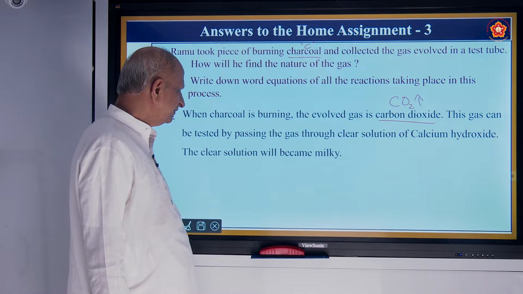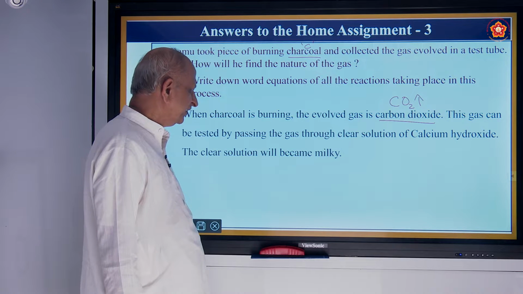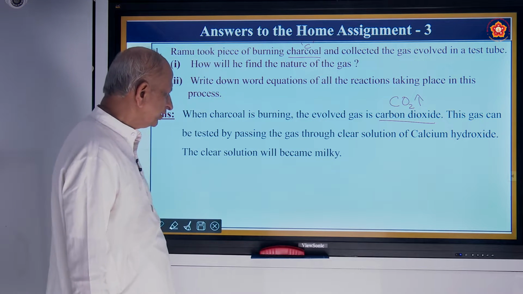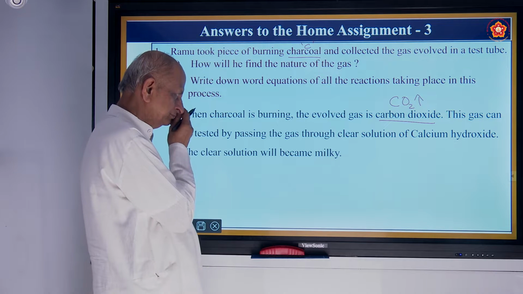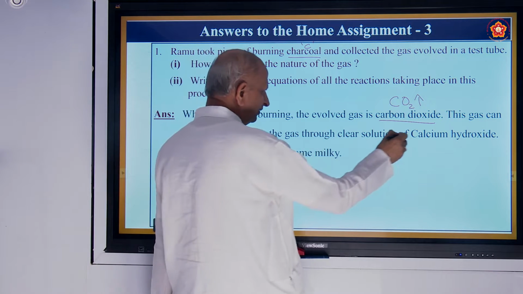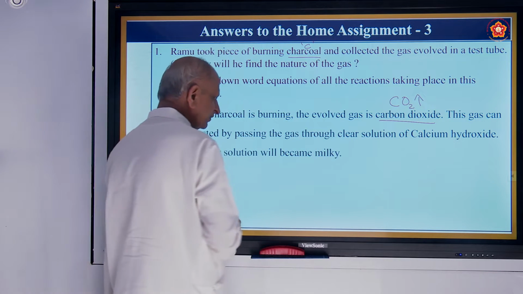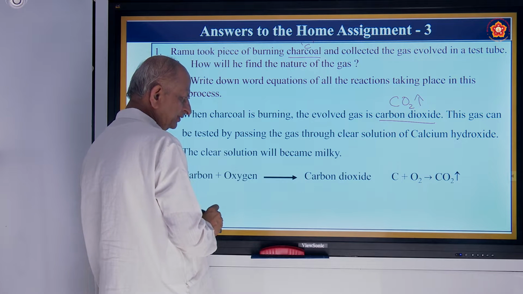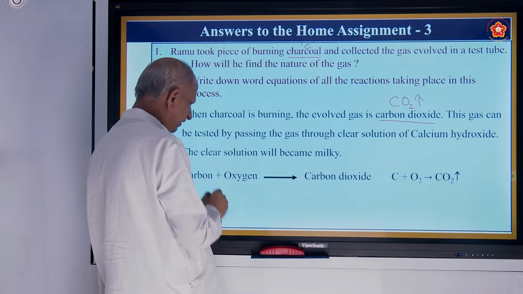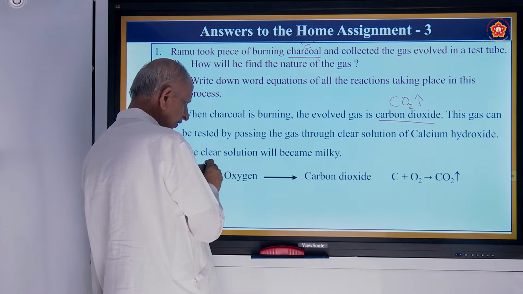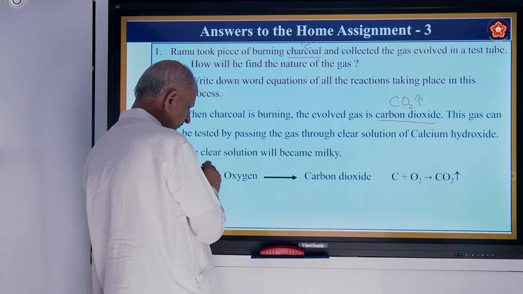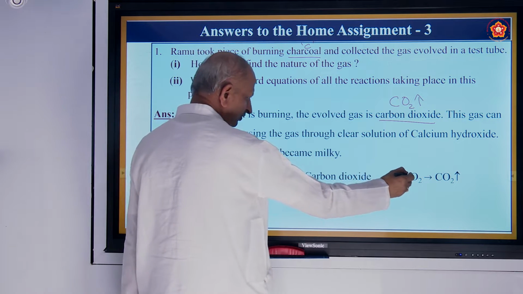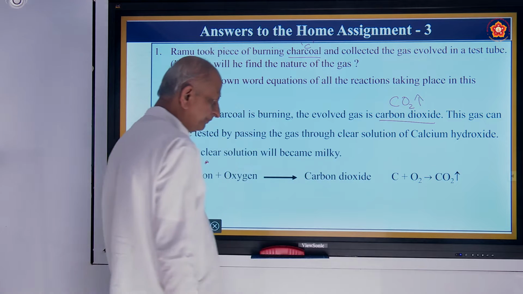This gas can be tested by passing the gas through clear solution of calcium hydroxide. So when calcium hydroxide reacts with carbon dioxide, it becomes calcium carbonate. So carbon, that is C, plus oxygen O2 gives CO2.